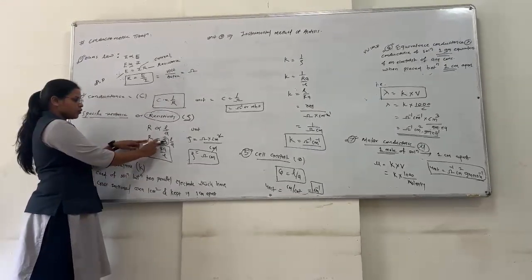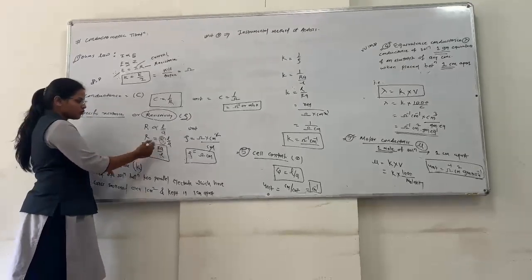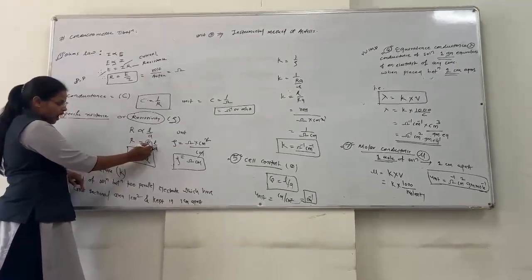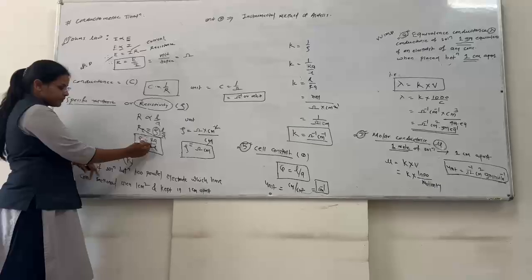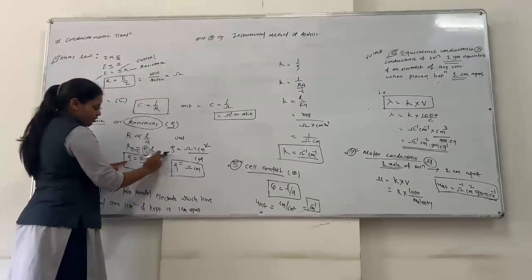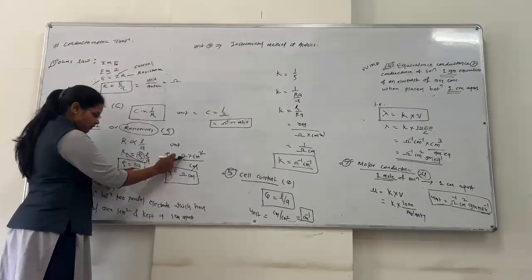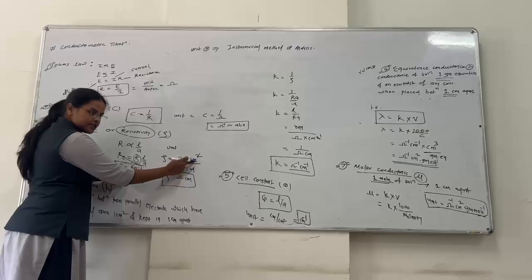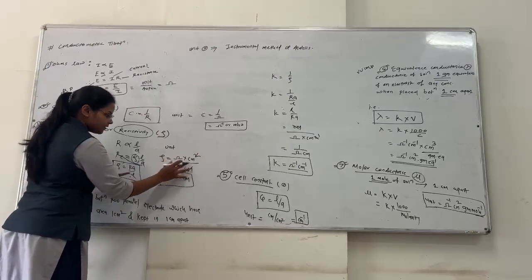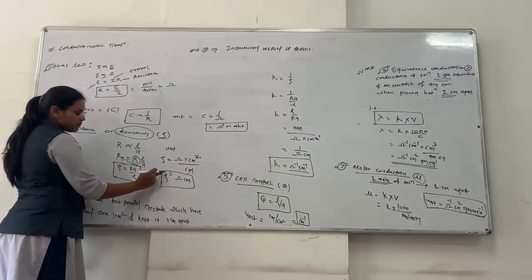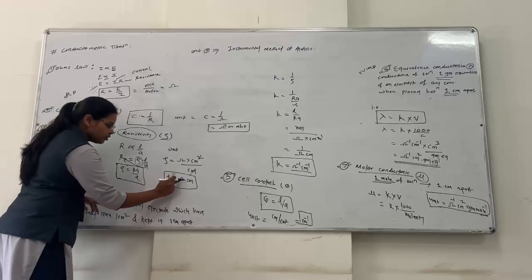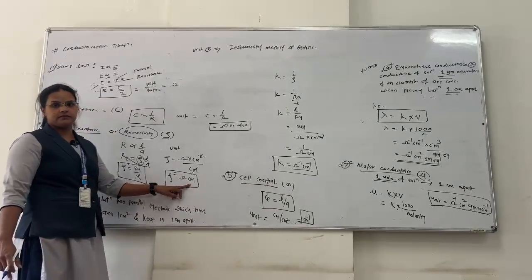So R is equal to rho into length upon A. Reshuffle this equation: rho is equal to RA divided by L. Resistance is measured in ohm, area in centimeter square, length in centimeter. So you get the unit of specific resistance as ohm centimeter.